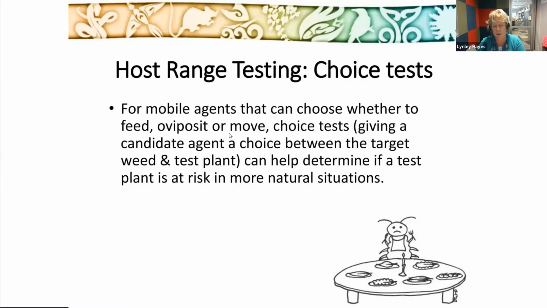The word oviposit there means to lay eggs. So it can be more appropriate to give them a choice. And what we usually find in a choice test is they go onto the host and they ignore all the other plants. And that will show us what will most likely happen in the field.